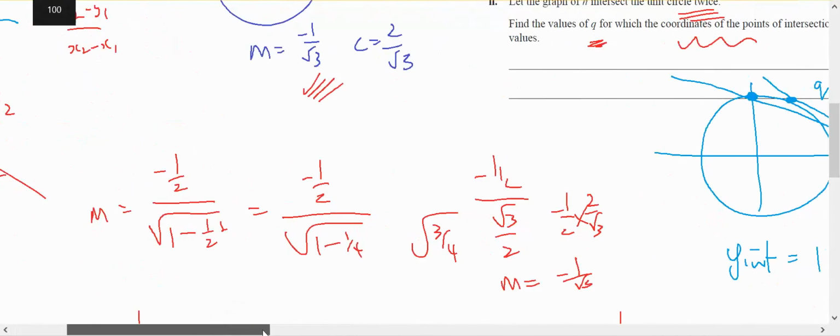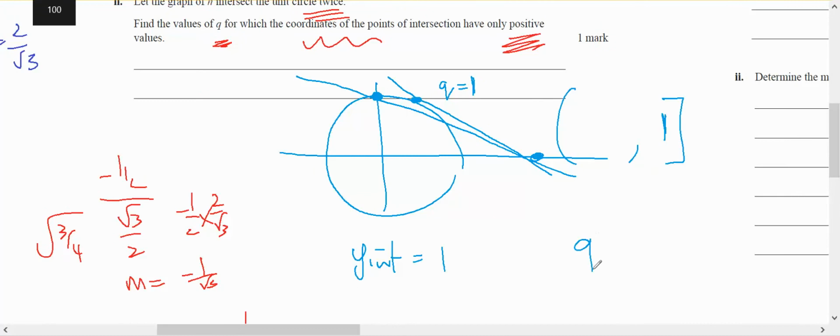So Q times 2 on root 3 has to equal 1, therefore Q equals root 3 on 2. So root 3 on 2, non-inclusive, will be my lower value, and that will give me the intersection point there. Don't want to include it because I can't have a 0 because it's got to be positive.